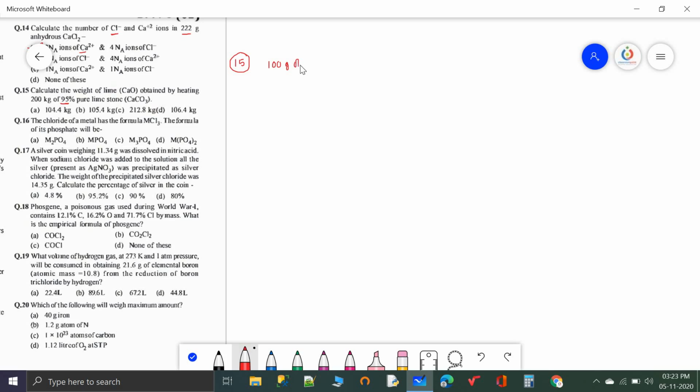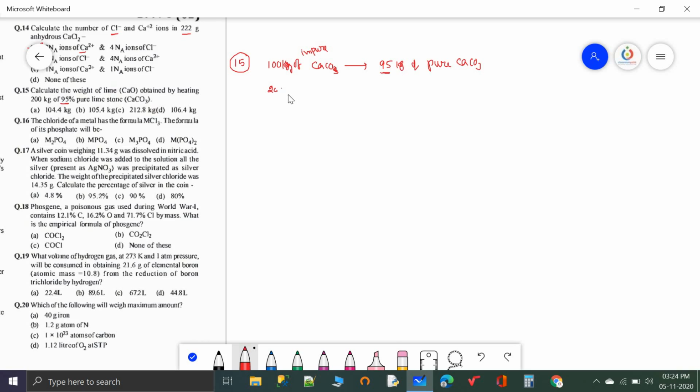So 100 grams of impure CaCO3 contains only 95 grams of pure CaCO3, because it is 95% pure. Here they had given 200. Let us consider here it is 100 kg, here also 95 kg.